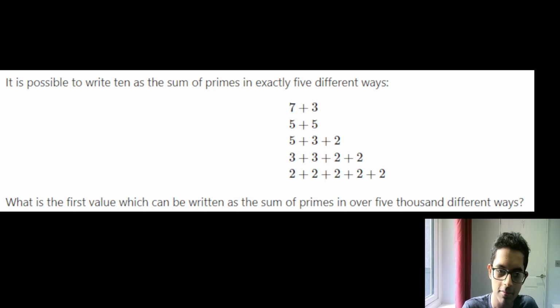So first of all, what the problem is saying is there are a certain number of ways in which you can write any number as a sum of primes. And we're interested in the first number which can be written as a sum of primes in more than 5,000 ways.